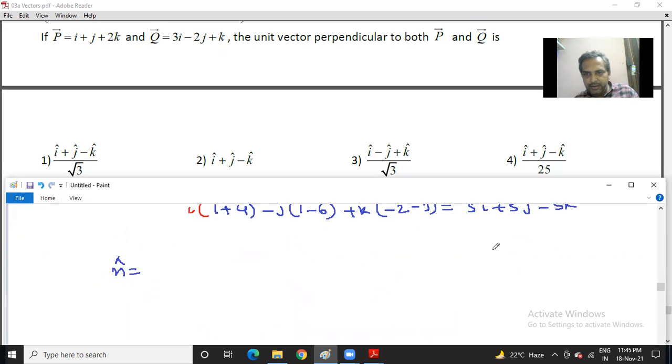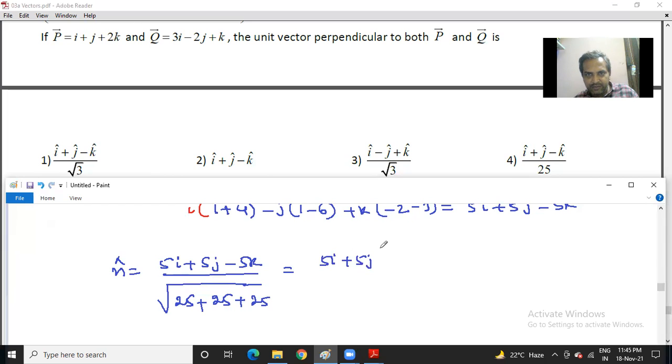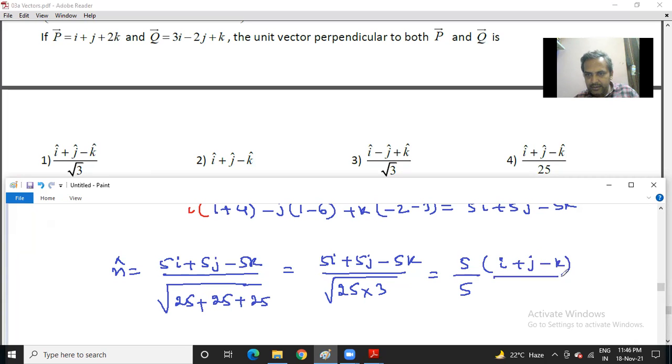But n cap is equal to A cross B over its mod. A cross B is 5I plus 5J minus 5K, but its mod is: 5 5s are 25, another 25, another 25, so 75. 75 means 25 into root 3, and the root of 25 is 5. You can take 5 common, so it will be I plus J minus K divided by root 3.